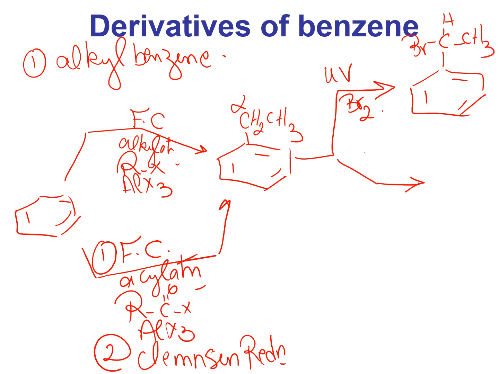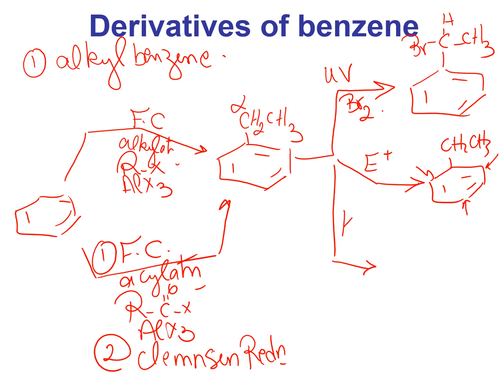Definitely you can perform all the electrophilic substitution reactions on the ring to introduce an electrophile to the ortho and para positions. And finally, the last reaction is if you oxidize such a compound using potassium permanganate, the product will be benzoic acid.